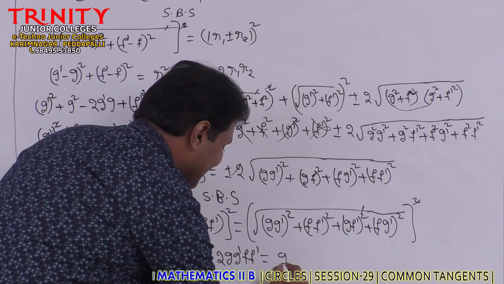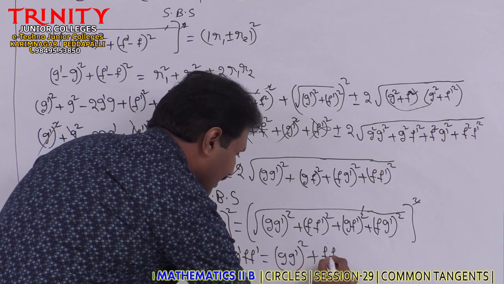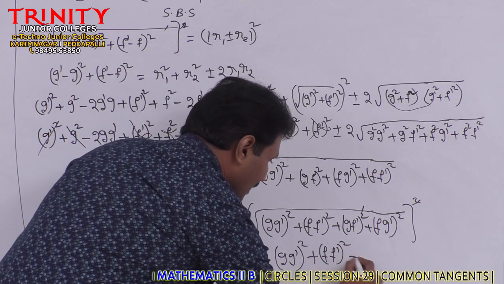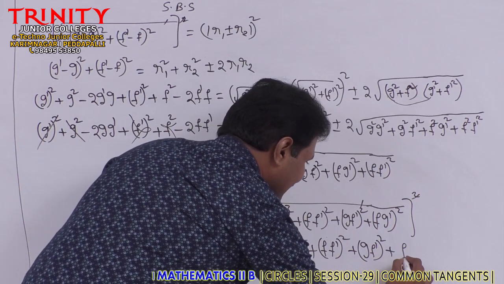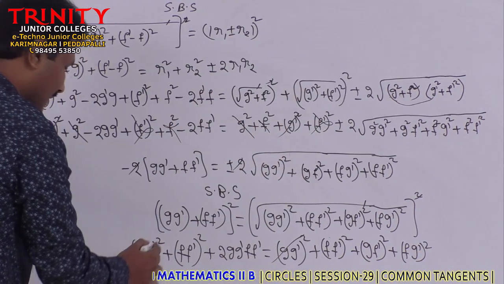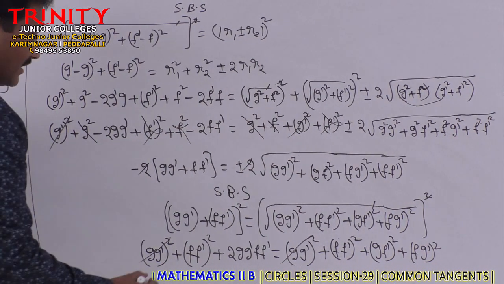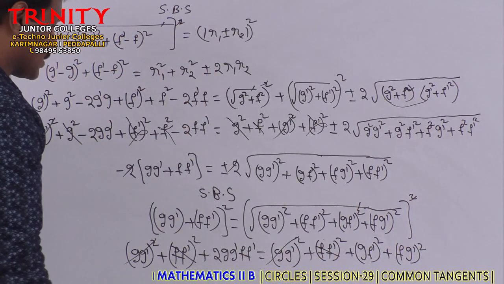that equal to g dash whole square plus f dash whole square plus g f dash whole square plus f g dash whole square. g dash whole square, g dash whole square cancel, f dash whole square plus f dash whole square cancel.